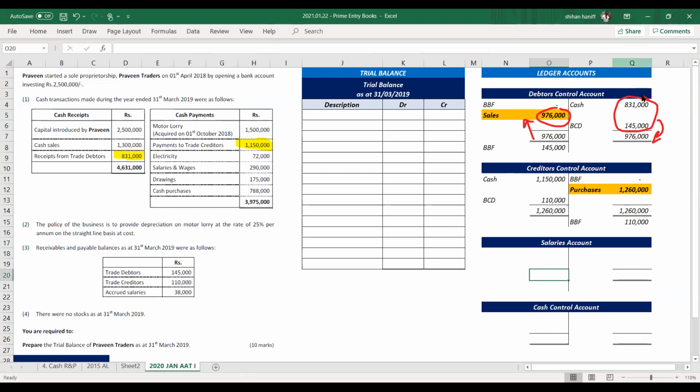If you know all other details, the difference will be the missing transaction. We also say, debit side is more, we take the same amount to the credit, then the difference is purchases.